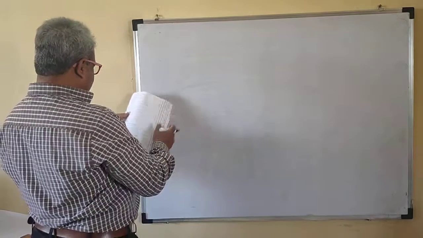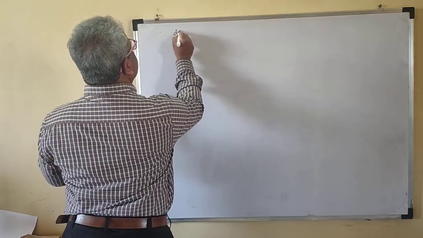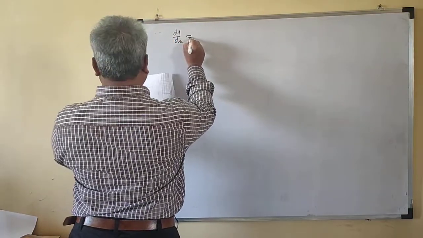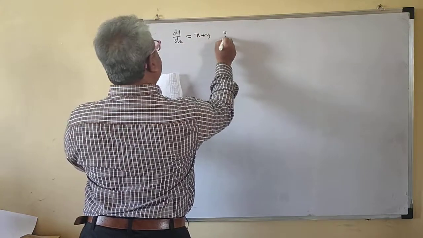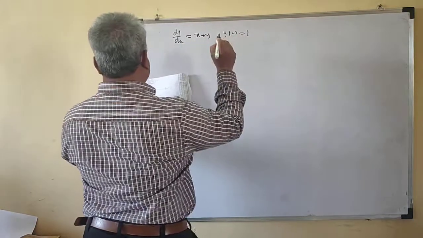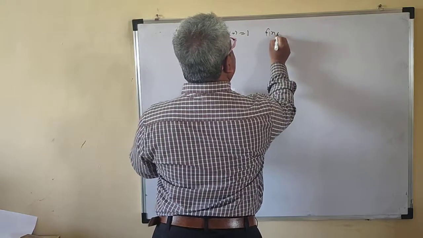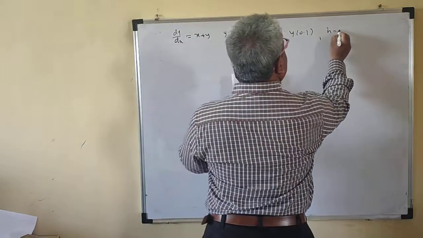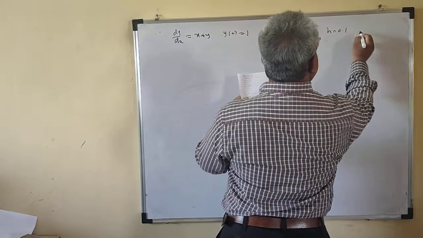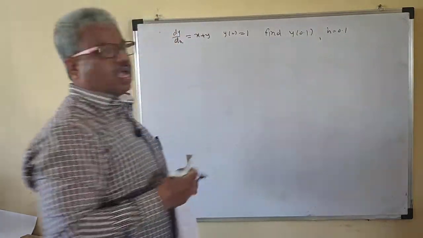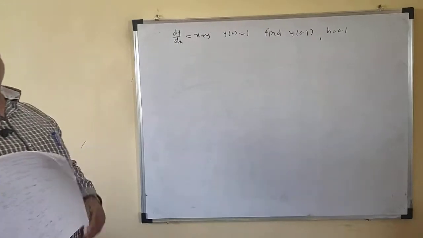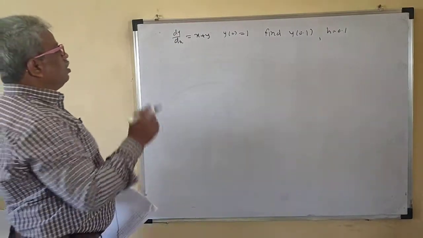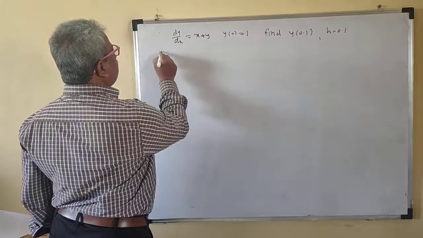Now we'll take a problem. dy by dx is equal to x plus y, y of 0 is equal to 1. Find y of 0.1, with h equal to 0.1, by using the Runge-Kutta second order formula.